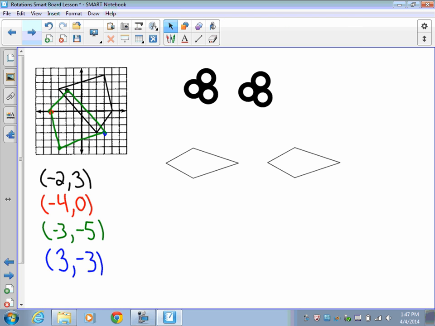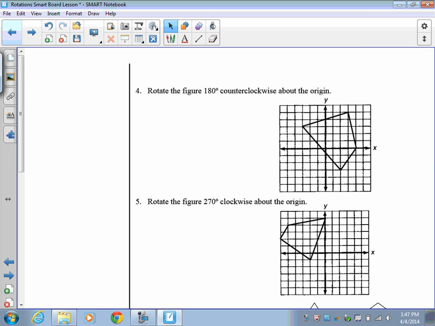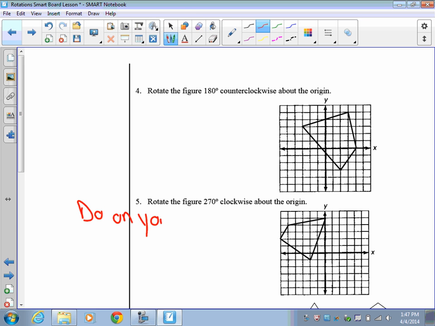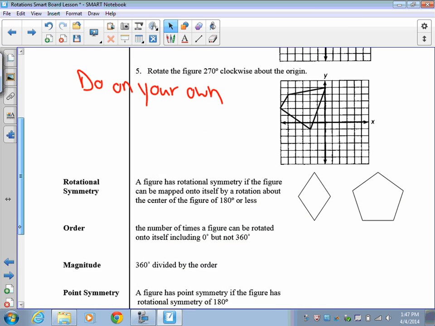So remember, the origin, the center point, is right in the center, 0, 0. So number 5 is one that you should do on your own. You've had a couple of examples to work off of, so hopefully it'll make sense.